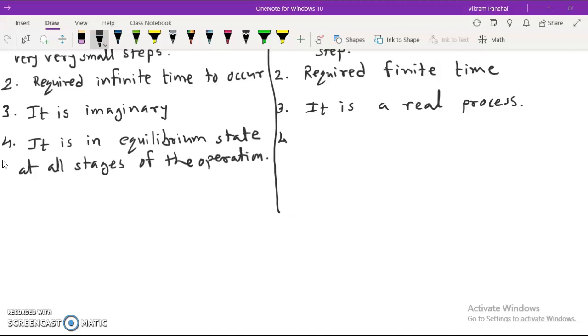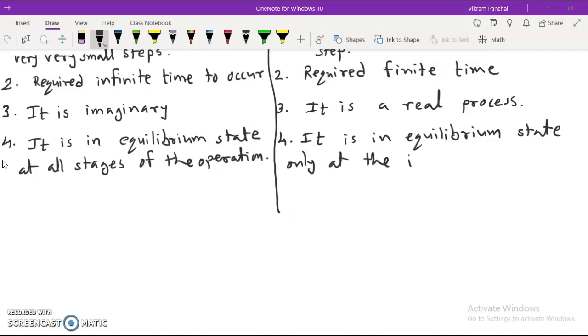For irreversible process, it is in equilibrium state only at the initial and final stage of the operation.